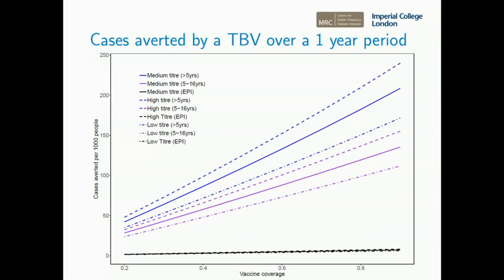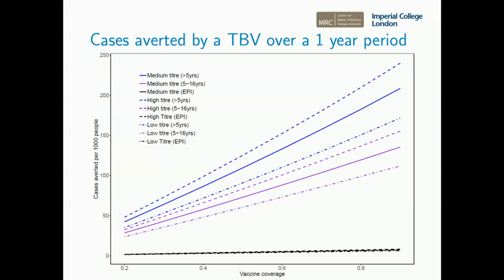The three colors are assessing different age groups to vaccinate. In blue, it's the entire population over 5 years old. Purple is school-aged children, 5 to 16. They're contributing a big part of the infectious reservoir, or at least that's what the model thinks.